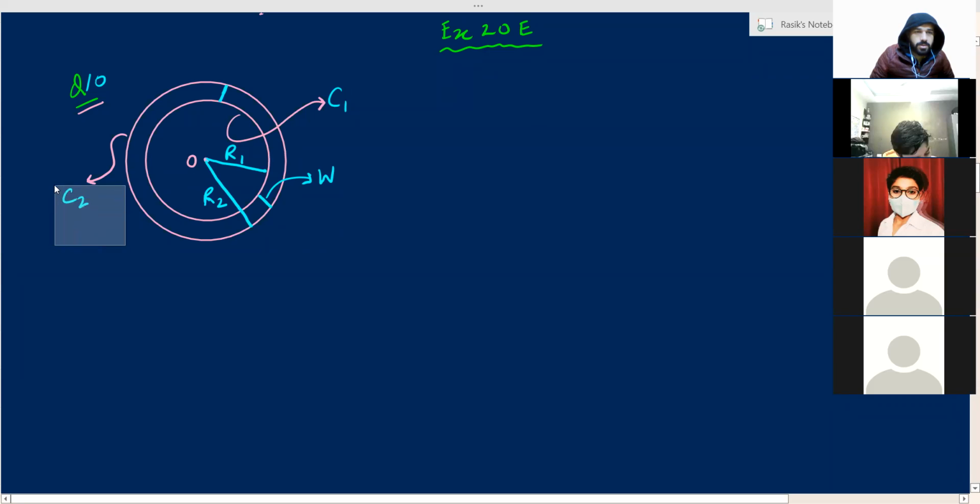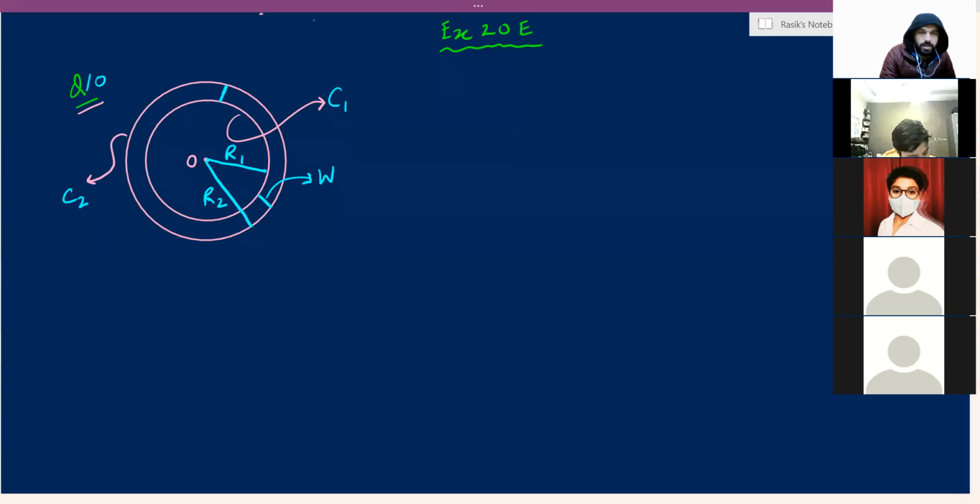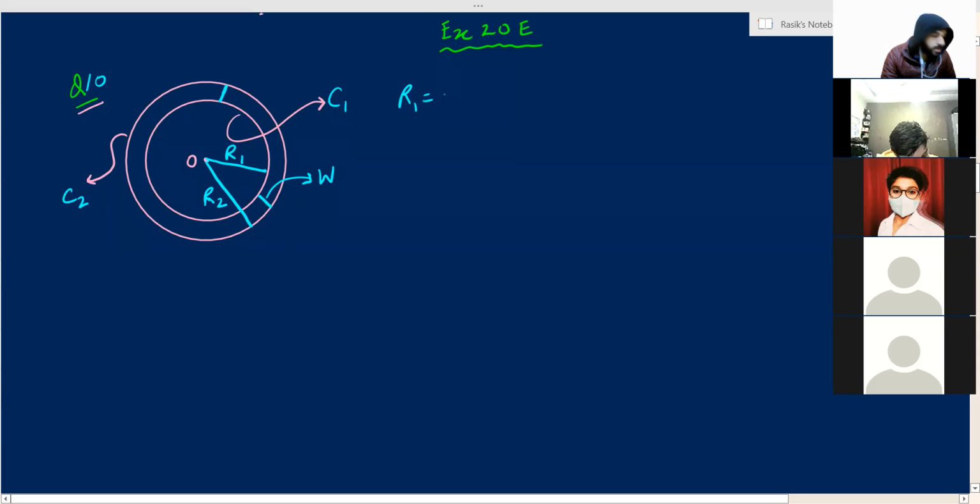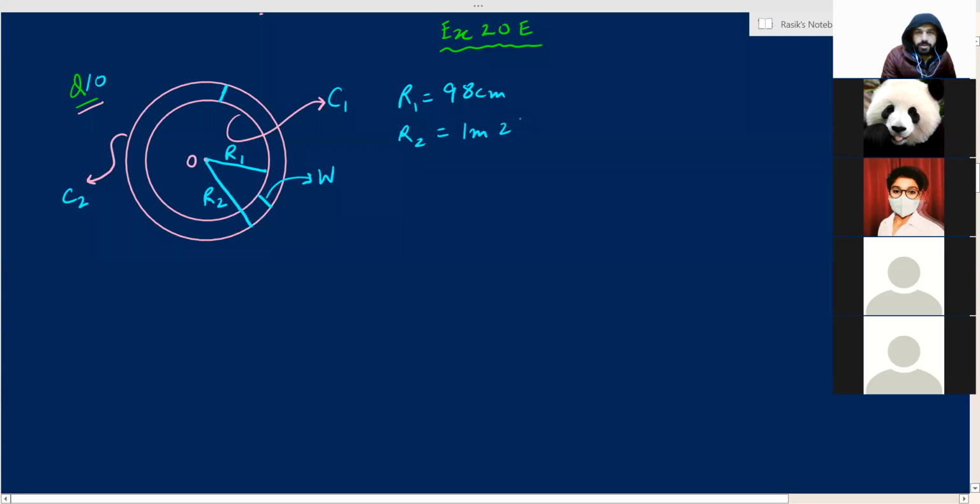R1 and R2 are given. Radius of the first circle R1 is 98 centimeters and the radius of the second circle R2 is 1 meter 26 centimeters. That means the outer circle, because it is greater.